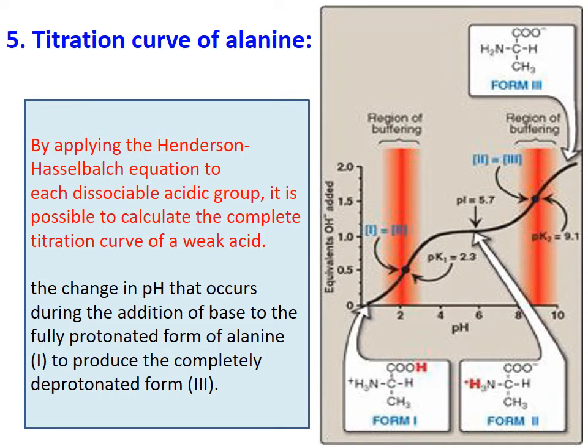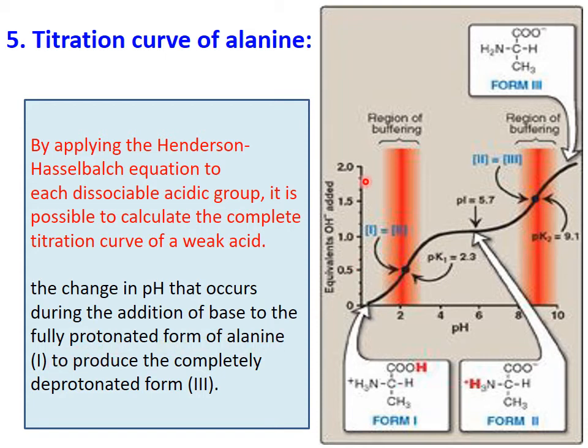Now, how do we draw the curve? First, you focus on this comment. By applying the Henderson-Hasselbalch equation to each dissociable acidic group, there were two, carboxylic and amino group, it is possible to calculate the complete titration curve of a weak acid. The change in pH that occurs during the addition of base to the fully protonated form of alanine.